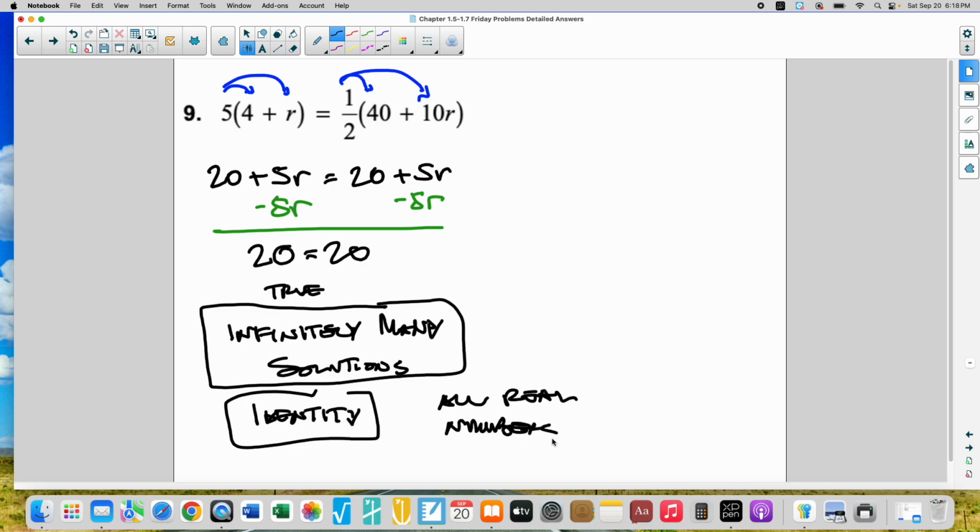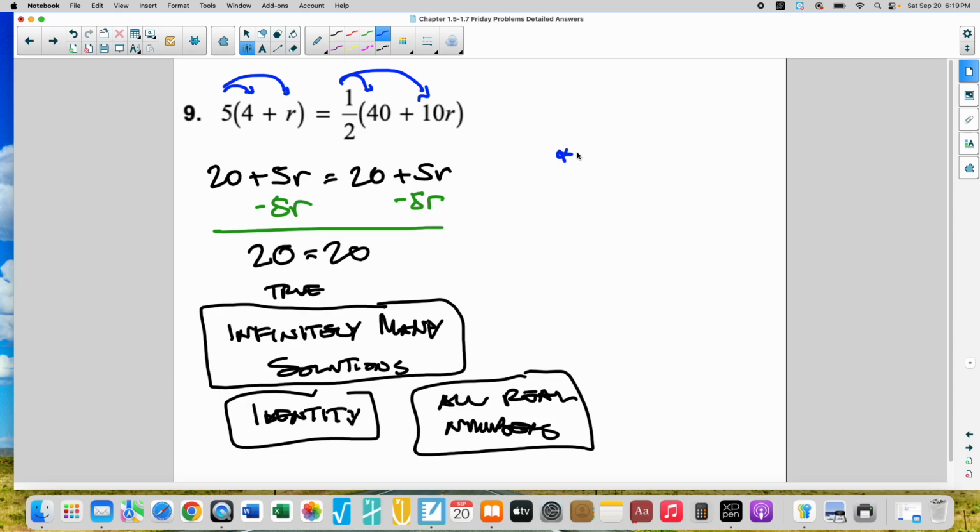Now, you can't write infinitely identity number solutions. You either have to have infinitely many solutions, identity, or all real numbers, not part of each. If you're going to pick one, pick one. And don't give me more than one answer. Just give me one answer.